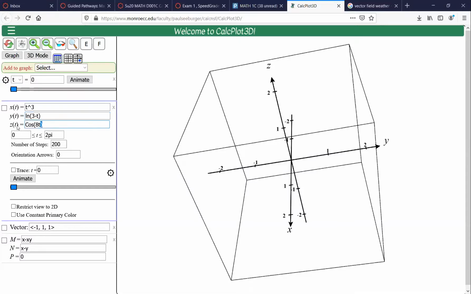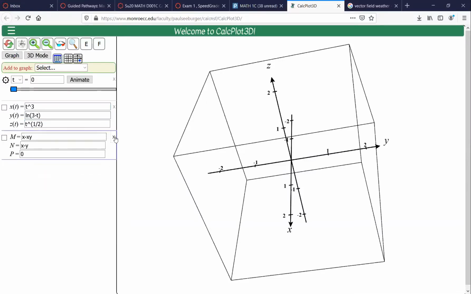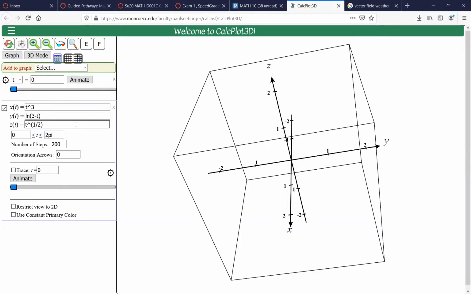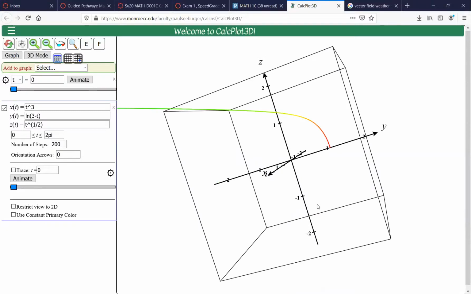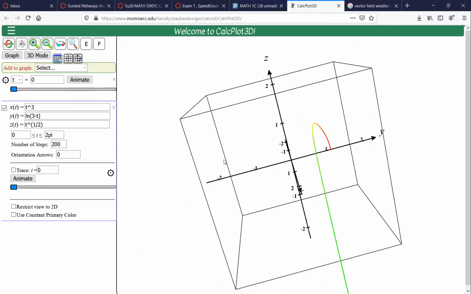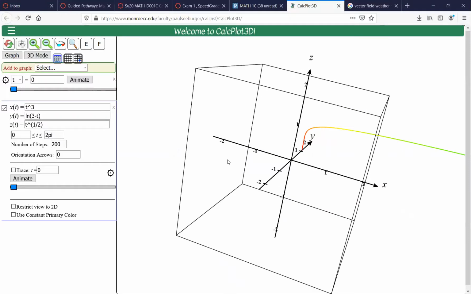And the last one is square root of t, so let's write t raised to a half. So this is the graph of this vector function.